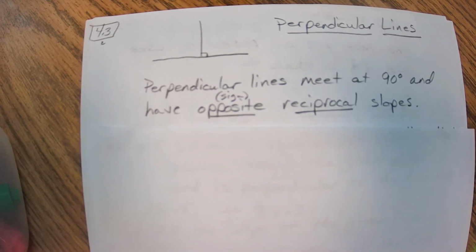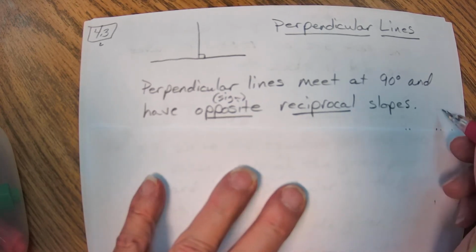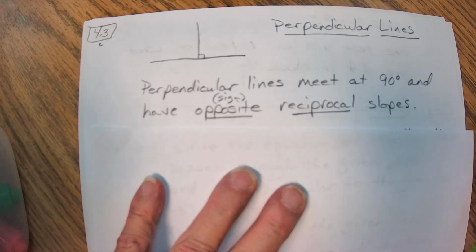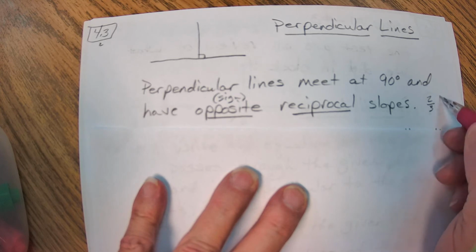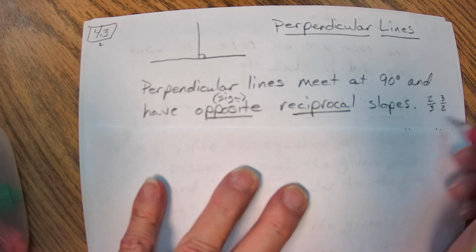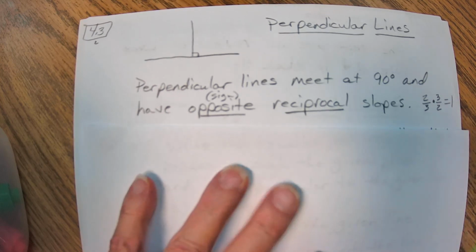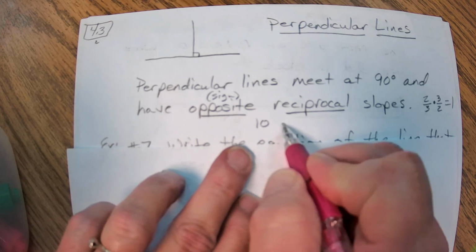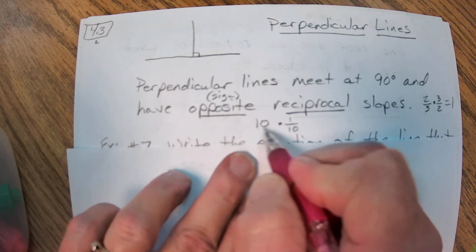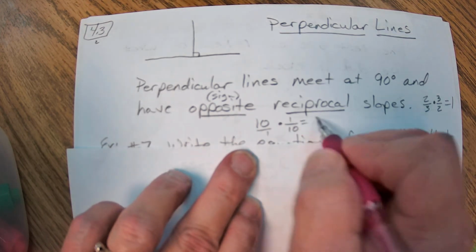And reciprocal is the number that you would multiply by to get 1. So the reciprocal of 2/3 is 3/2, because if I multiply those together, I get 1. The reciprocal of 10 is 1/10, because if I multiply those together, I get 1.